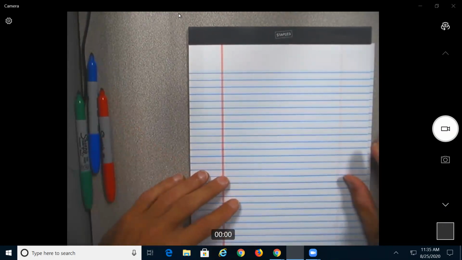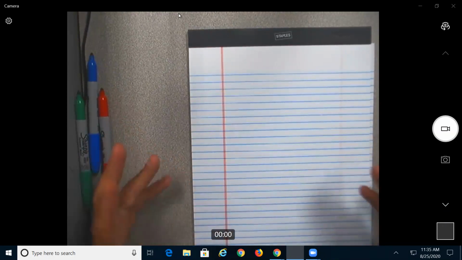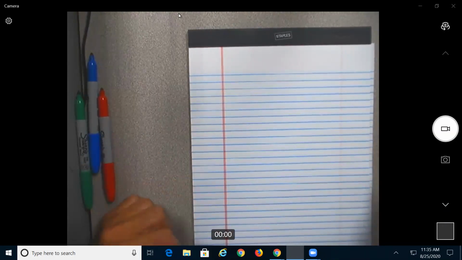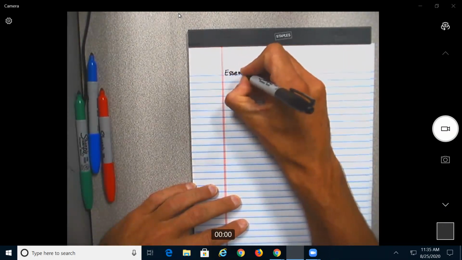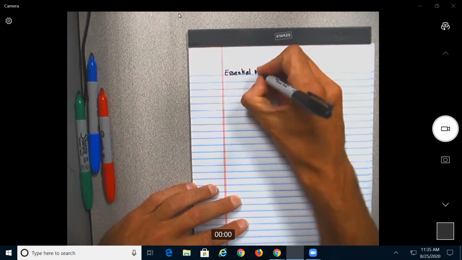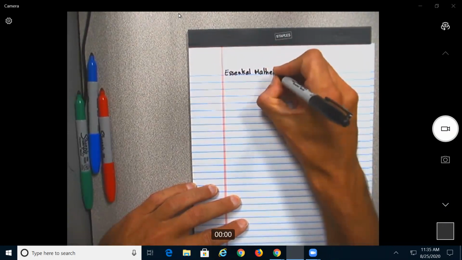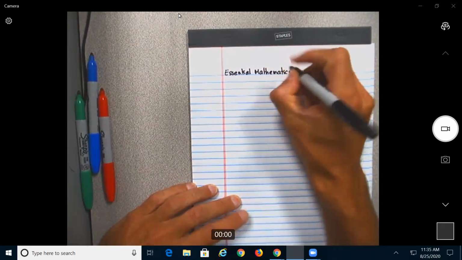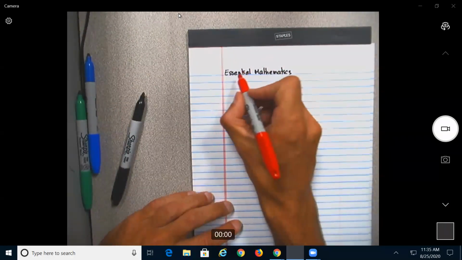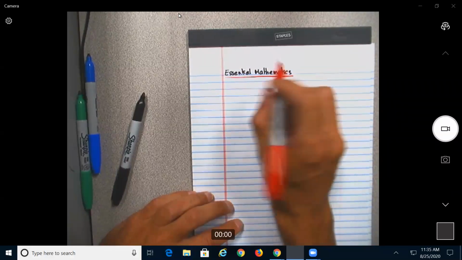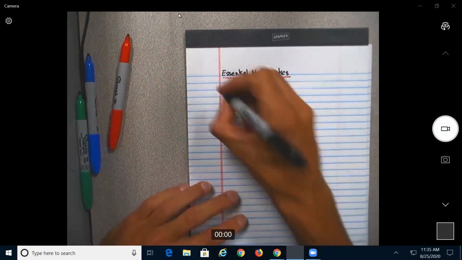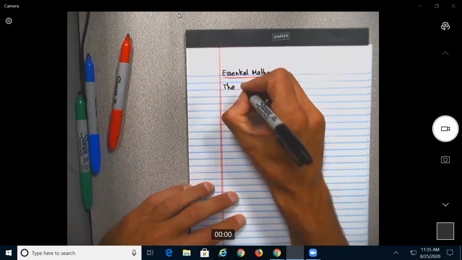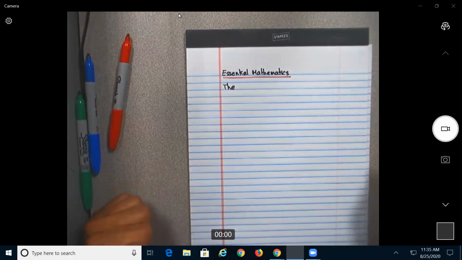So next, we're going to look at the essential mathematics that are used in basically continuum mechanics. Okay, so just like I said before, the main thing in continuum mechanics is to use linear algebra and calculus in order to define the problems, no?